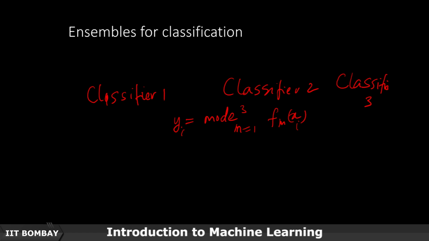This can only work when these classifiers are somewhat independent of each other. If all 3 classifiers are exactly the same, then taking the mode or the voting is not going to help us in any way.